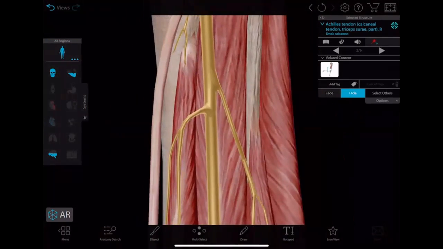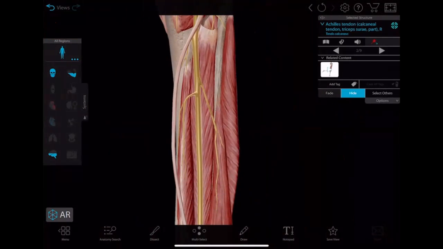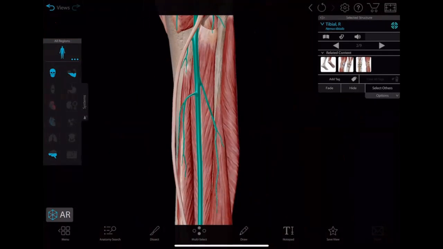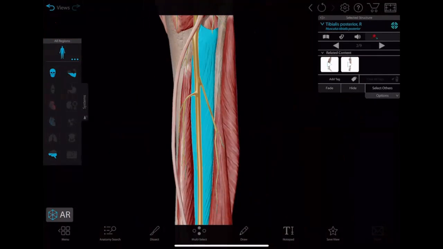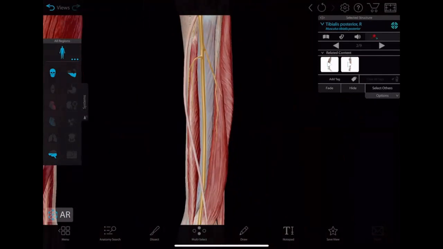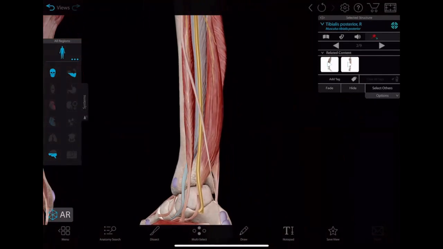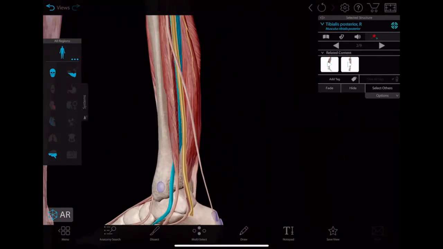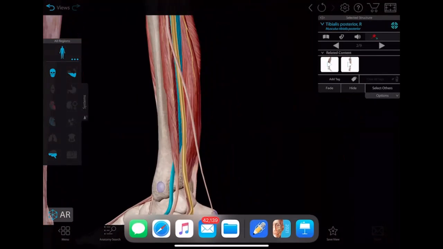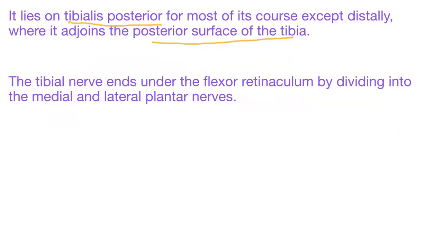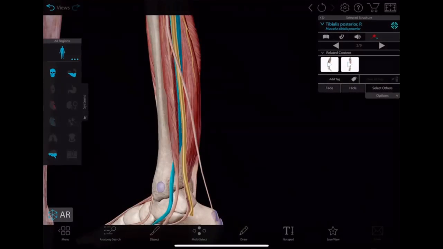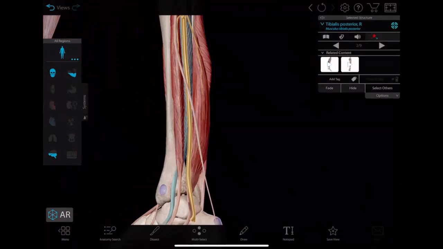This is the tibial nerve, okay. This is the tibialis posterior. So in most of its course it lies on the tibialis posterior, but in the distal part it adjoins the posterior surface of the tibia. You see, this is the tibia, right?